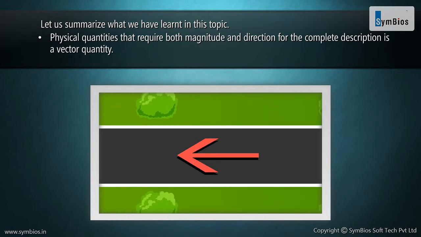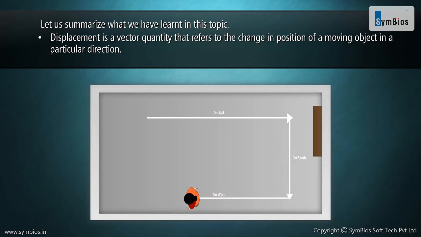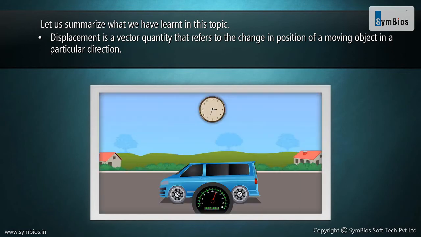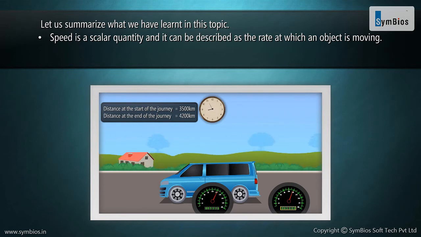Physical quantities that require both magnitude and direction for the complete description are vector quantities. Displacement is a vector quantity that refers to the change in position of a moving object in a particular direction. Speed is a scalar quantity and it can be described as the rate at which an object is moving.